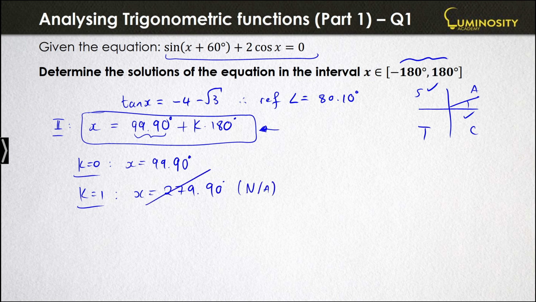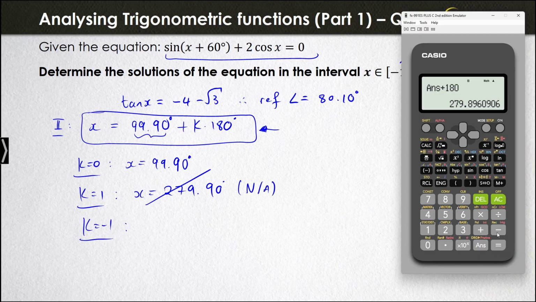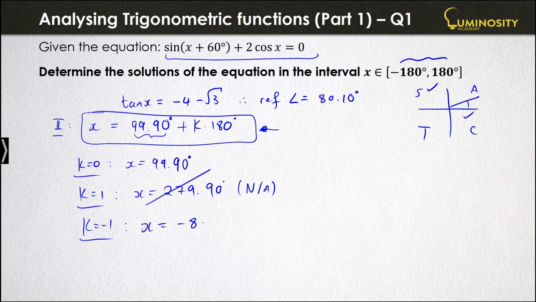And anything greater than 1 will be not applicable. What about k equals -1? Let's try that. So it's going to be minus 180, so that's going to give us -80.10. And that is within that given domain, so that is applicable. Anything less than -1, so -2 onwards, will be outside that domain. So these are the two solutions in that given interval.